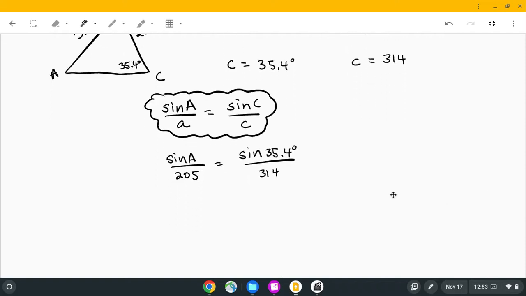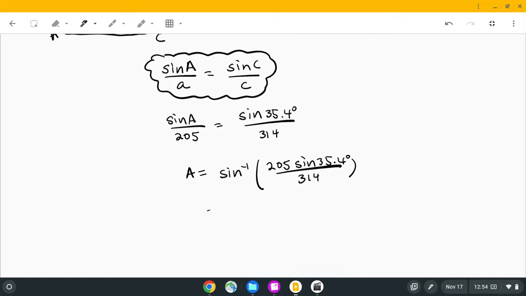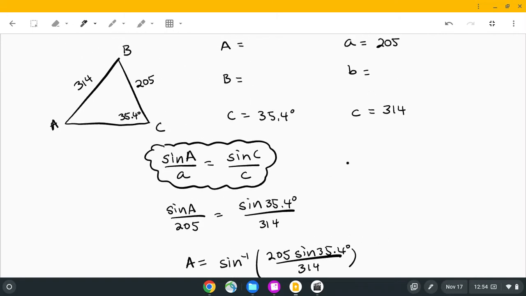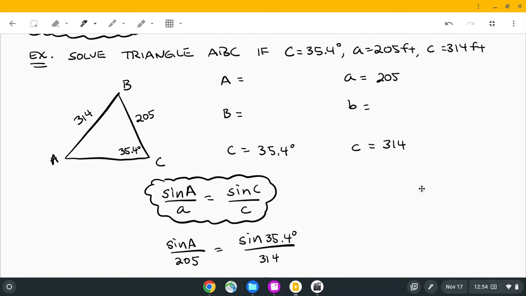And then if I work this out, A equals sine inverse of 205 times sine 35.4 all over 314. And when I punch this into my calculator, I get roughly 22.22. How many significant digits? Okay, so 3 significant digits, so let's just use 22.2.